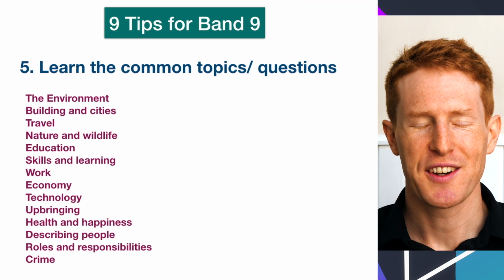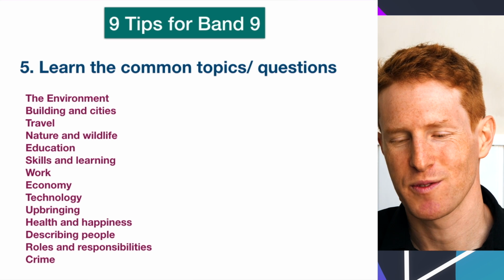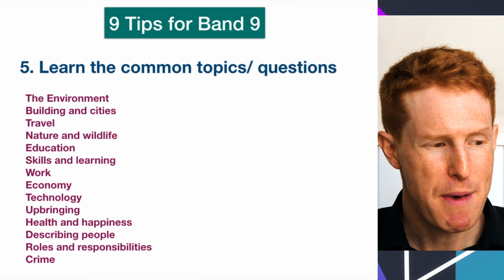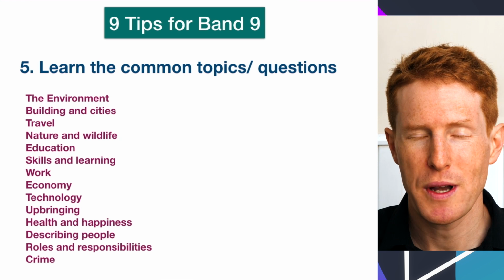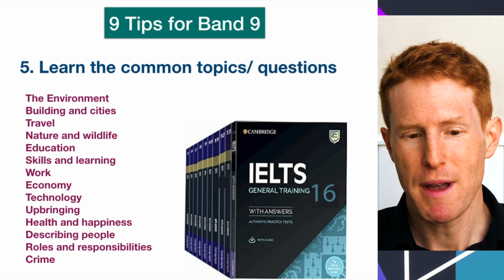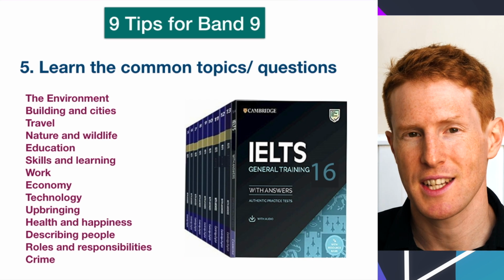So you can see that there are a lot of common topics and a lot of themes that appear in IELTS writing. In fact, the best way to get familiar with these themes and also the common questions that appear in IELTS are basically to do the Cambridge official past paper practice tests.